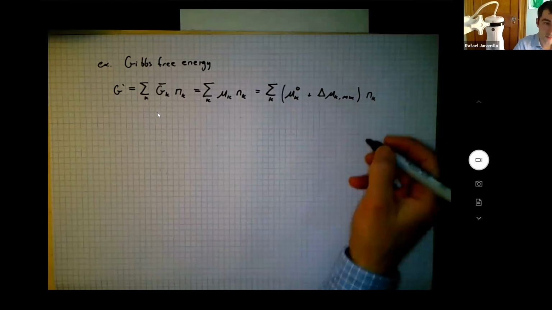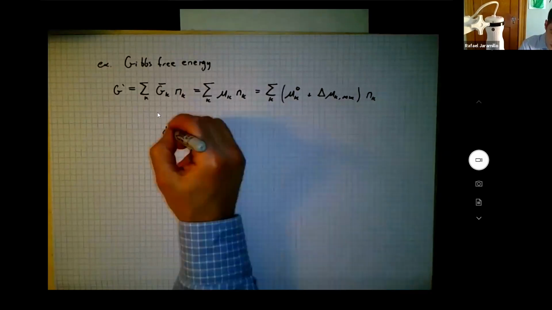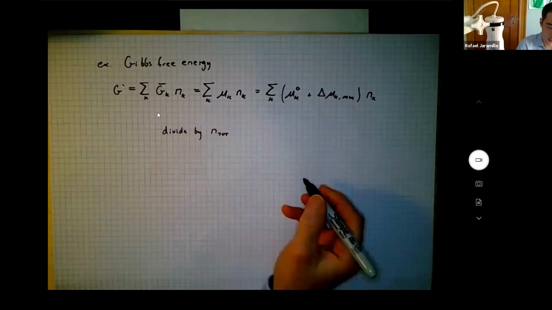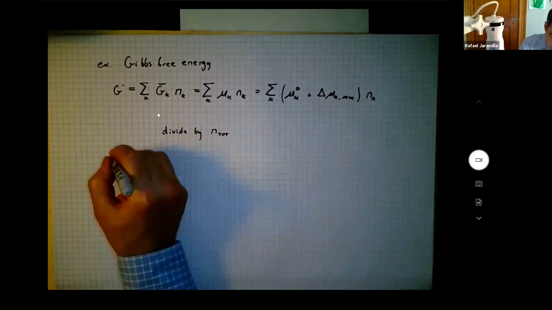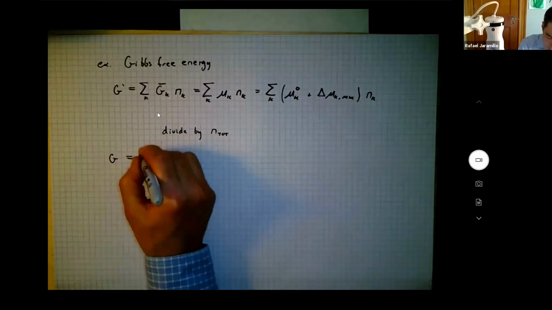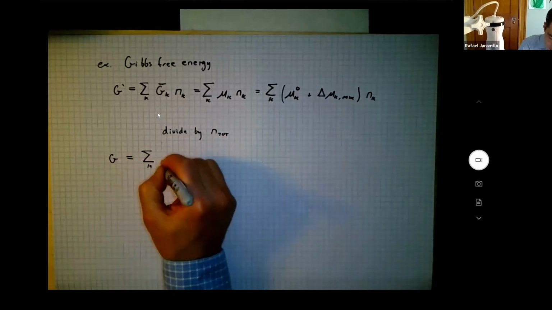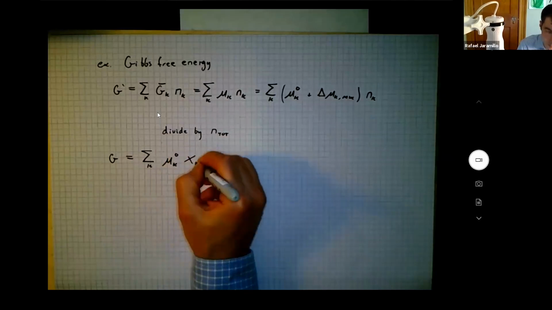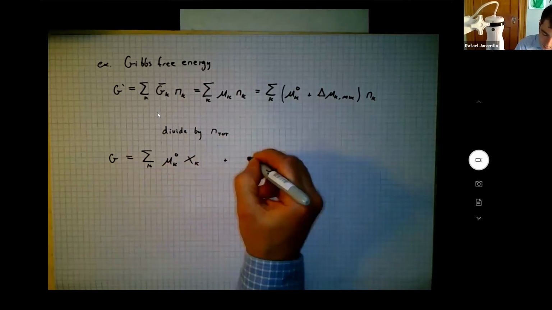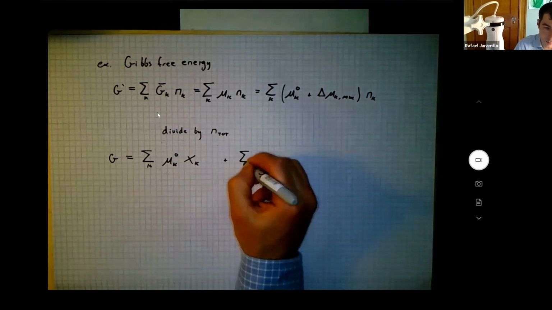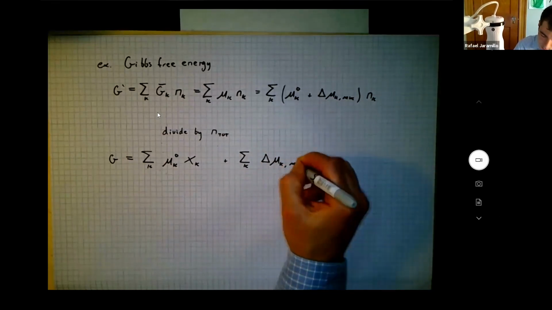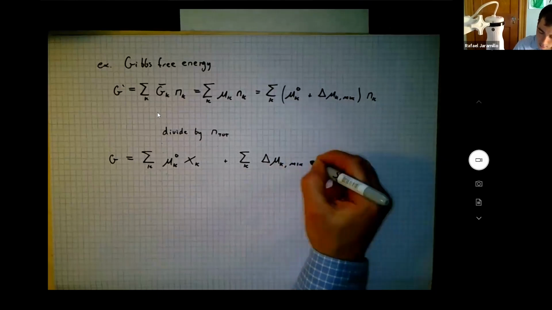And then we'll divide through by the total mole count. And we get Gibbs free energy equals... right.